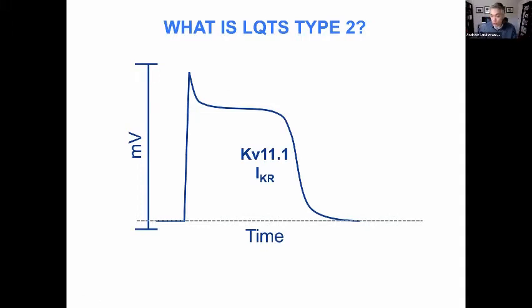And so this current, this KV11.1, this potassium current, is needed to reset the cell back down to that negative potential. If you don't have that, because there's a misspelling in the gene that makes a defective protein, then the time it takes for the heart to reset takes longer. And remember, the long QT is really just time.